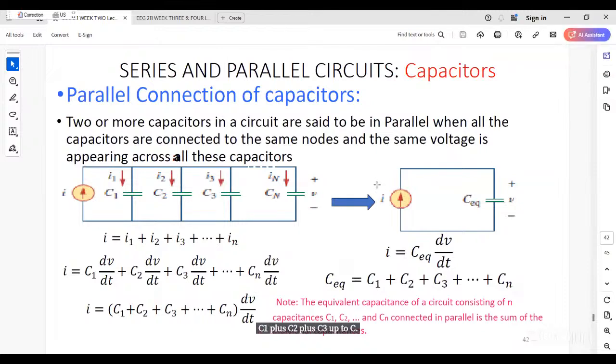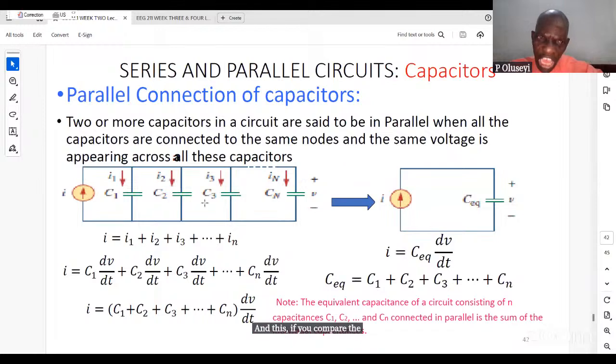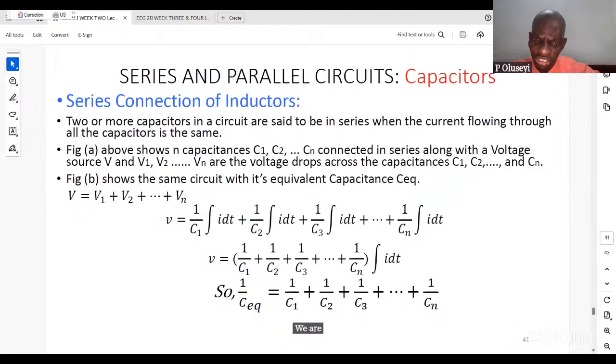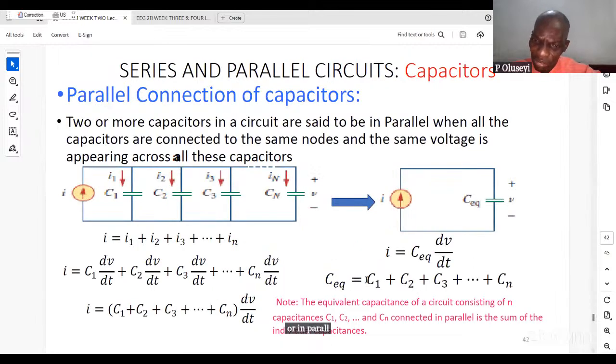If you compare the parallel of capacitance, you can see we are adding all the capacitances together, whereas in the series, we are having the reciprocals added together.